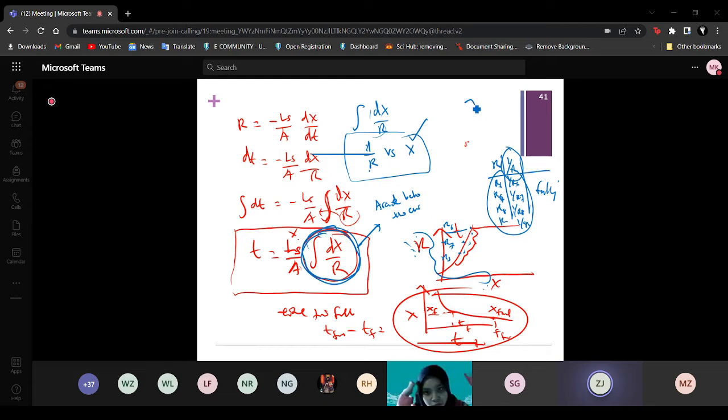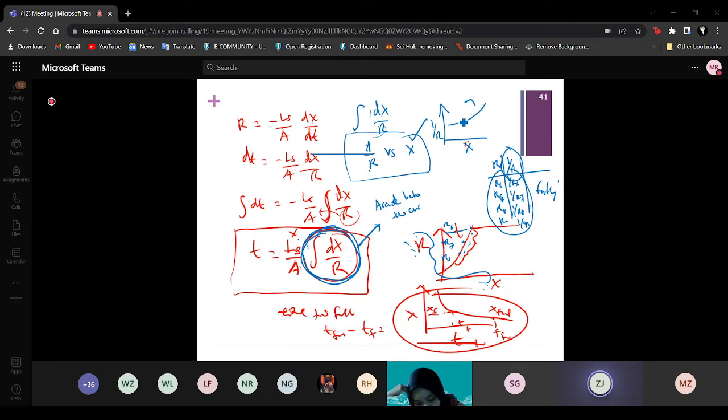Okay, when you plot, it's expected that your graph is going to be something like this.